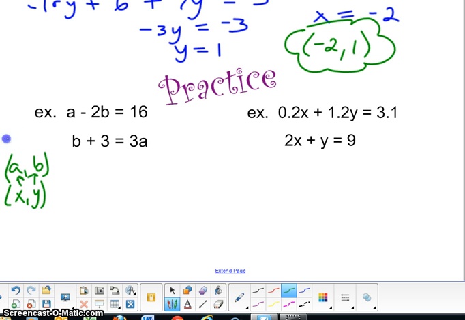And then another hint is on the second one. The first thing you can do is get rid of the decimals if you'd like, but in substitution, since you have a convenient one right here, you can just solve for y and plug it in. Alright, so that's it for today, and make sure you have the practice problems done before class tomorrow.